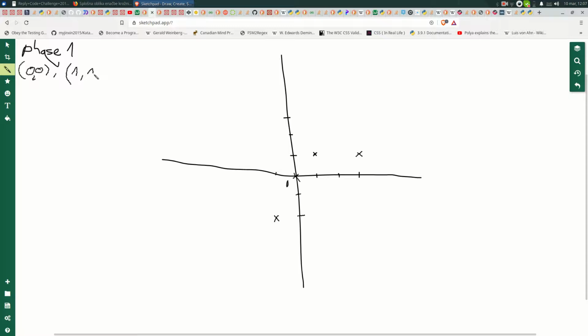Then we've got 1, 2, 3, 1. So we got 3, 1. And we've got -1, -2. So those are our 3 points.